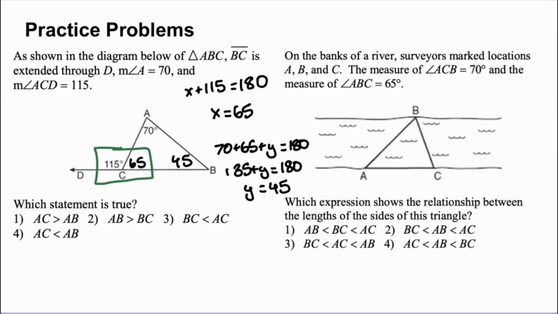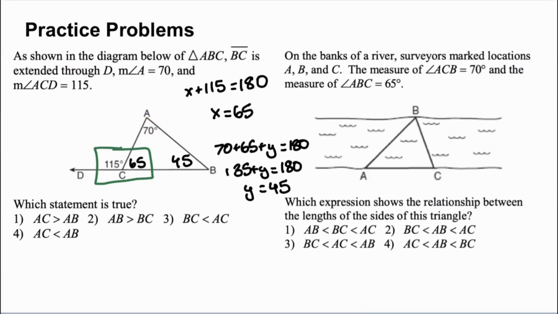And now that we know all of the angle measures in the triangle, we can use the angle side relationship to determine the relationship between the triangle's side lengths, which is what the question is asking for. First, I see that 70 is the biggest angle here.